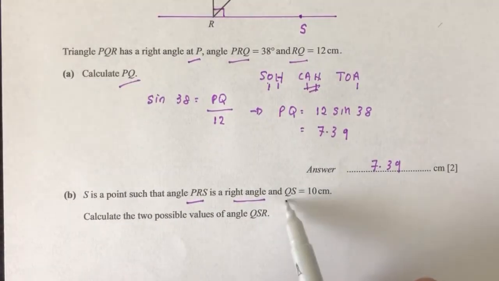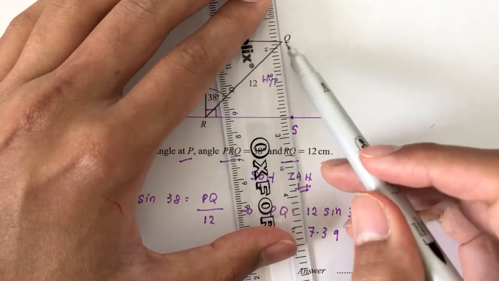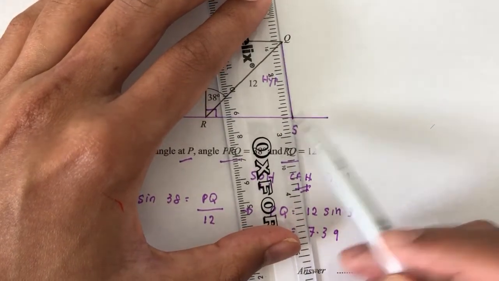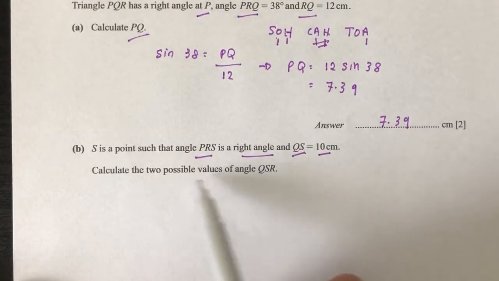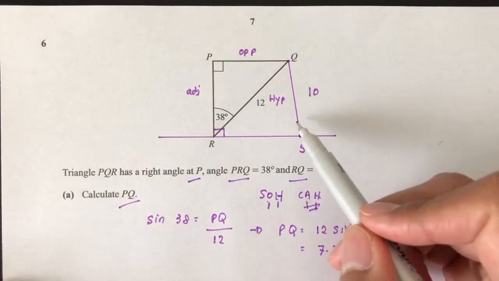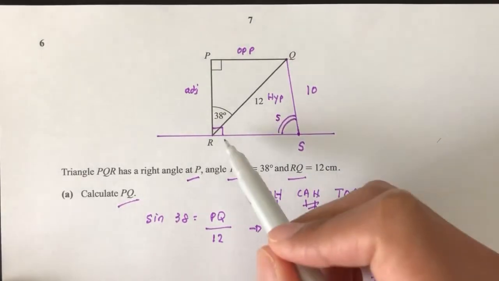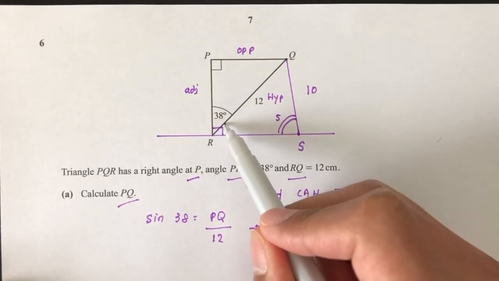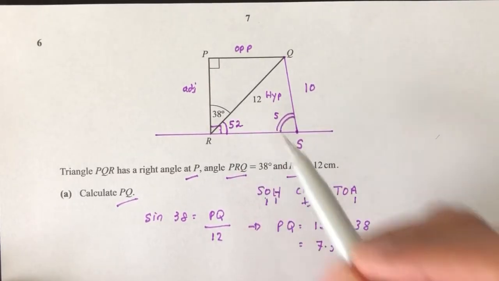And then it says QS is 10 centimeters. So this length here, that is 10 centimeters. Now, find the 2 possible values of angle QSR. So QSR, find this angle. Let's call this small s. So if this is 90, what is this angle? It will be 90 minus 38, that will be 52.